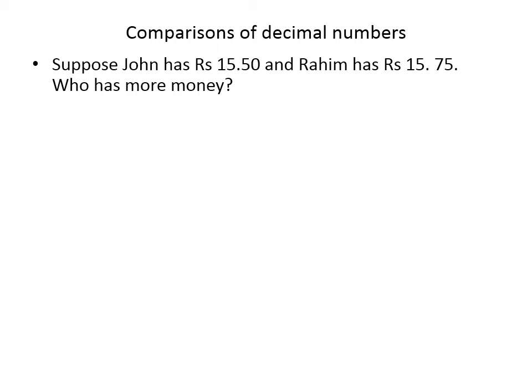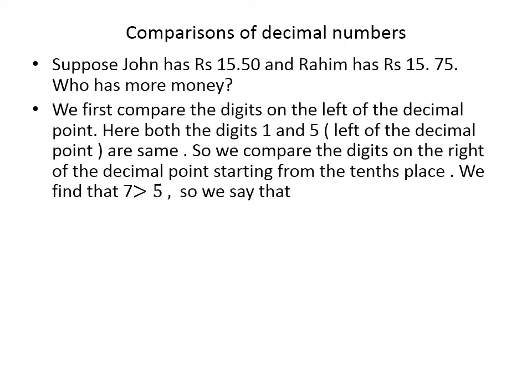Suppose John has rupees 15.50, that is rupees 15 and 50 paisa, and Rahim has 15.75. Now the question is, who has more money? How do we compare? How can we say who has more money? Now let us find out.